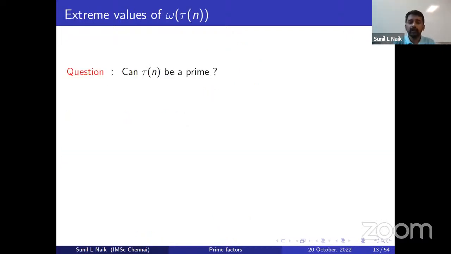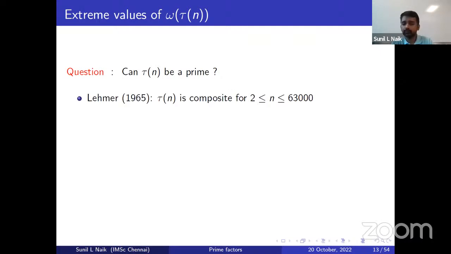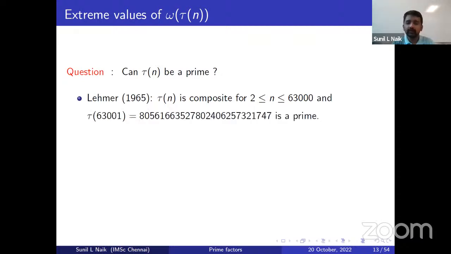Now the question is whether tau of n can take prime values or prime power values. In both these cases, the number of prime factors of tau of n is equal to 1. Lehmer in 1965 proved that tau of n is composite if n is strictly greater than 1 and less than or equal to 63,000. In fact, he showed that the value of the tau function at 63,001 is actually a prime number.